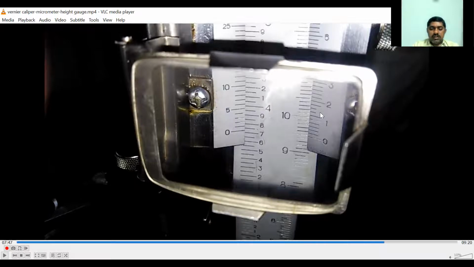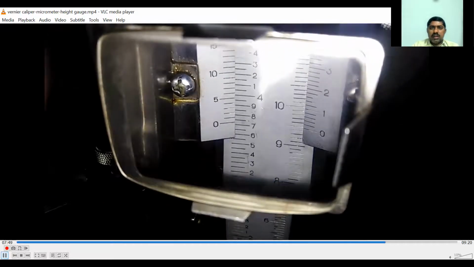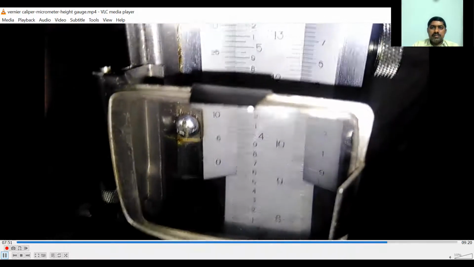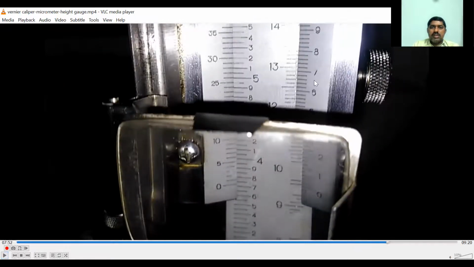And we need to see what the vernier coincidence is. If you see, this is the 6th number, that is 6 into 5, it is 30.